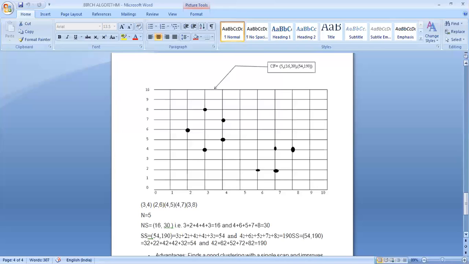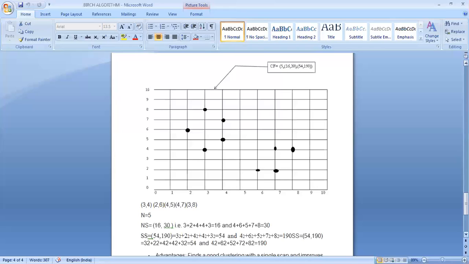There is some printing mistake here, where the square is written as a subscript instead of a superscript. Here it is 3 squared plus 2 squared plus 4 squared plus 4 squared plus 3 squared, which equals 54. Similarly, the y coordinate squared sum, 4 squared plus 6 squared plus 5 squared plus 7 squared plus 8 squared, equals 190. So SS equals (54, 190).